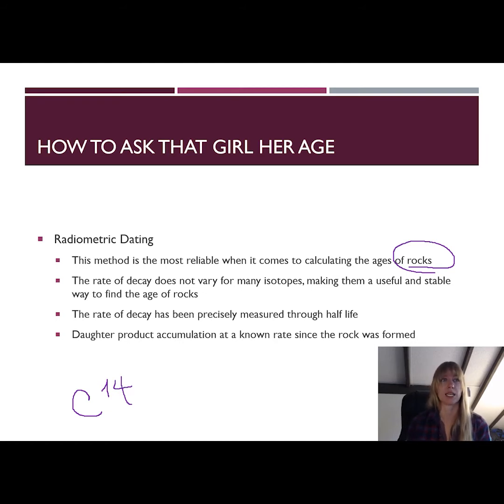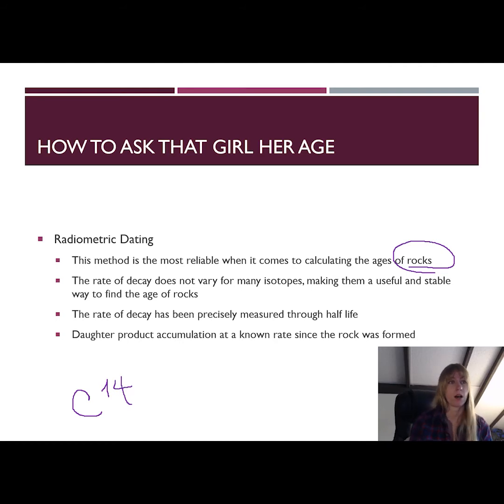So the rate of decay does not vary for many isotopes, meaning there's very few isotopes that decide, today I'm going to have a half-life of 5 million years, tomorrow I'm going to decide to have a half-life of 5 hours. That doesn't really happen. You're always going to have a consistent half-life of, let's say, 4.2 billion years. And that's a long time.